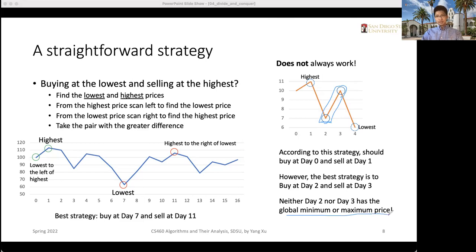It really doesn't matter whether the buying point or the selling point is the global minimum or maximum point. Actually, it is the difference that we care about. It is not the absolute value that we should care more about.